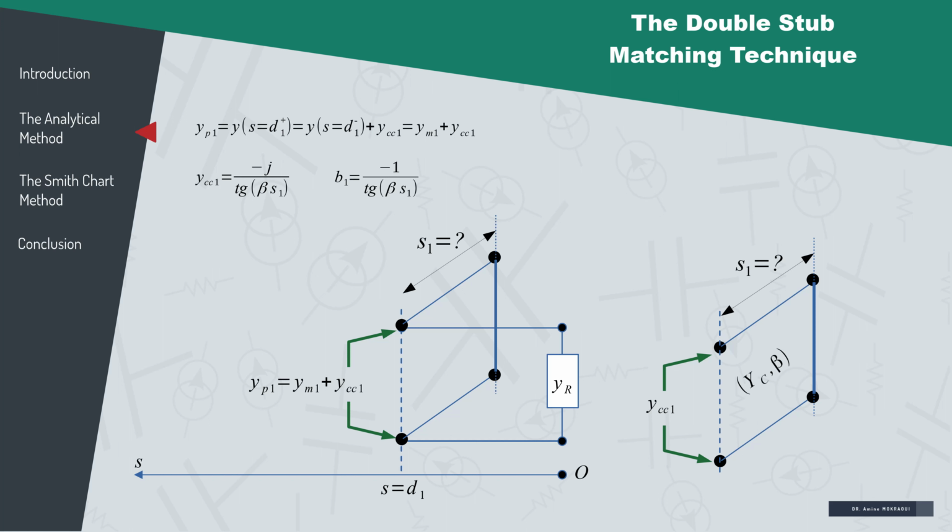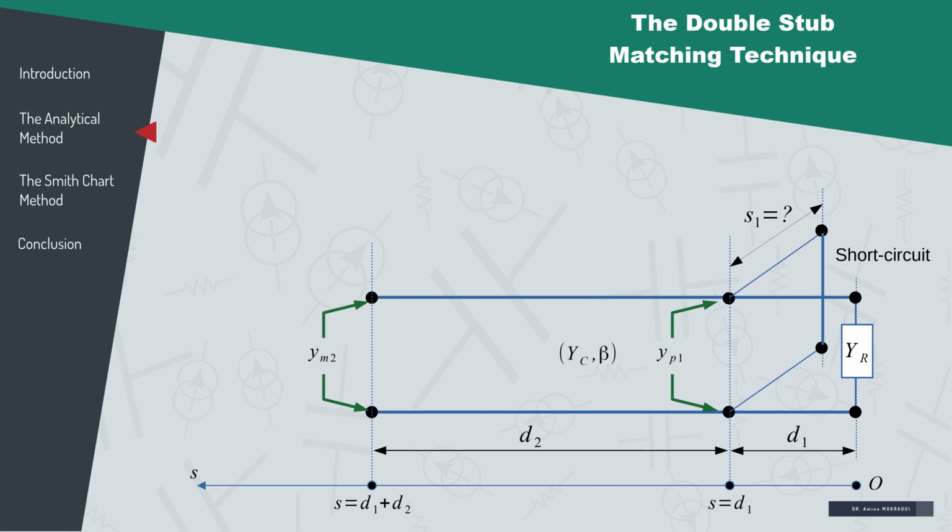Thus, we get yP1 equals yM1 plus yCC1, which is equal to the conductance gM1 plus J multiplied by bM1 plus b1. Note that b1 is unknown because the length S1 of the stub is to be determined. Finding b1 is equivalent to finding S1.